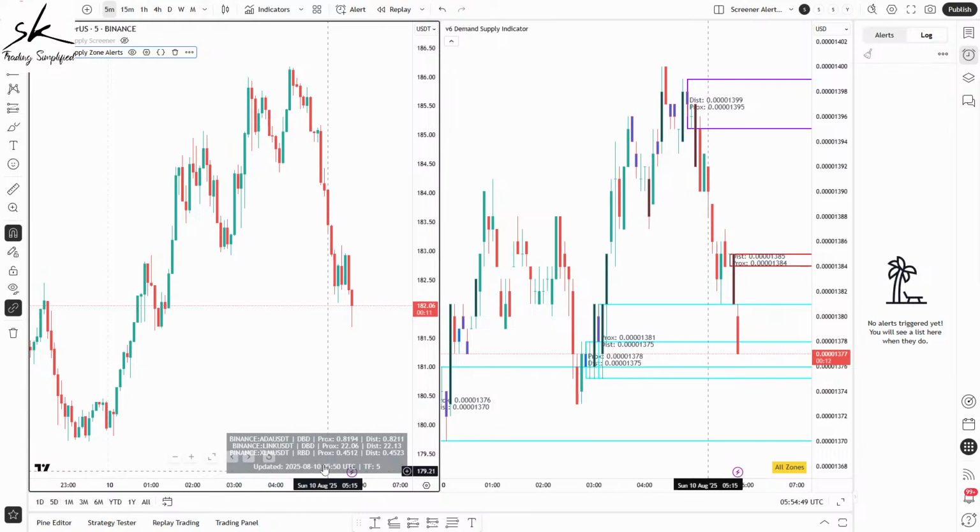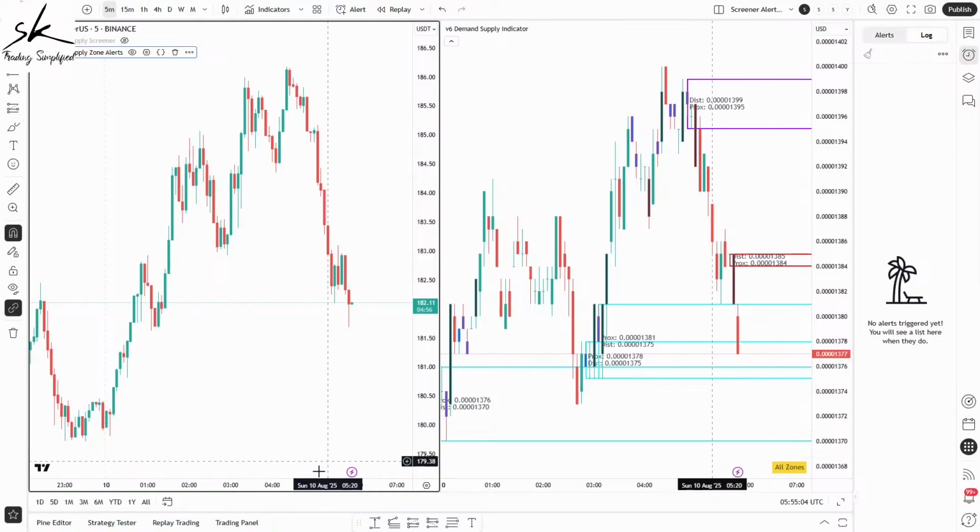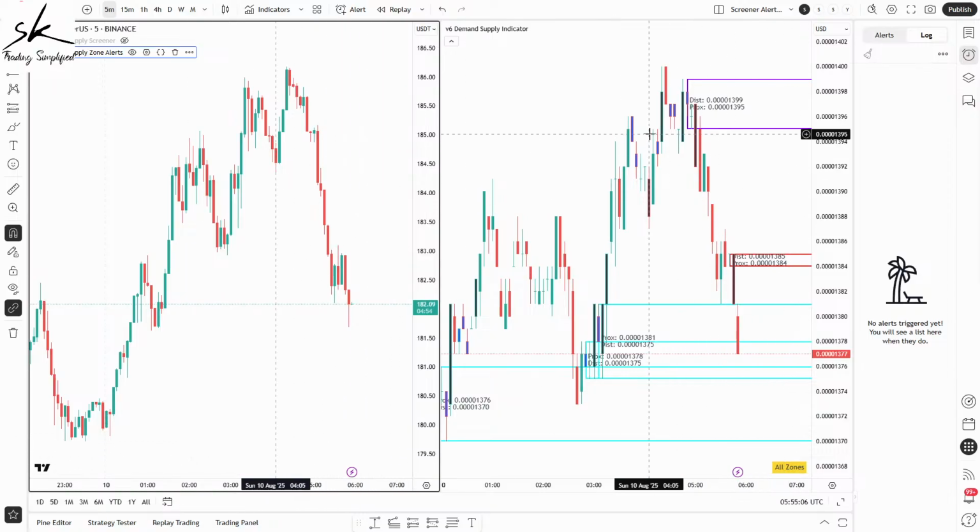You can see the last alert was generated at 5:50. Currently we are at 5:54, and I'm on a 5 minutes chart. So in about 5 seconds, a new candle will form, and it will look for the formation of new demand and supply areas. If we have new areas, it will give us the list, and we'll also get a notification.